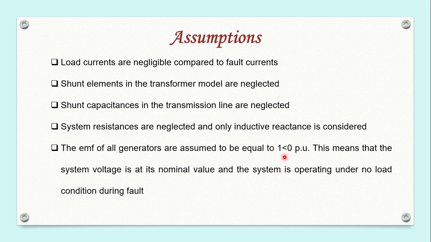If a quantity has a per unit value of 1, that means we are calculating per unit as actual value by base value, or actual value by rated value. So that quantity equal to 1 means actual value and rated value are the same, or the generator is operating at its rated or nominal value. And also the system is under no load condition during fault. So we will assume that the system is under no load condition during fault. So these are the various assumptions.